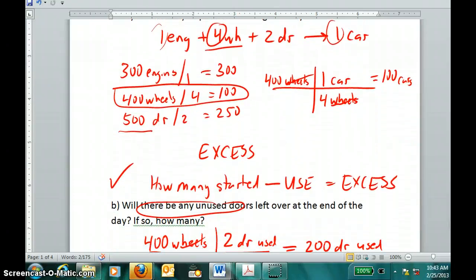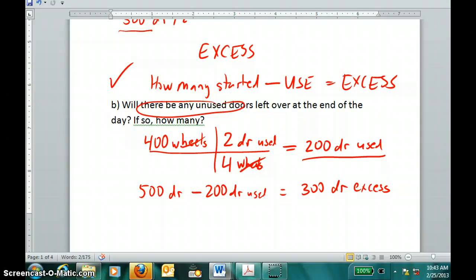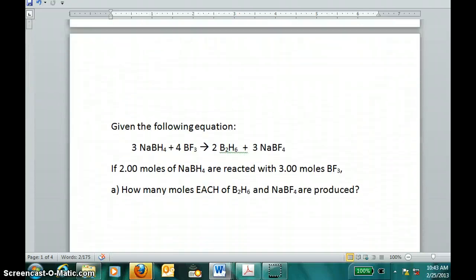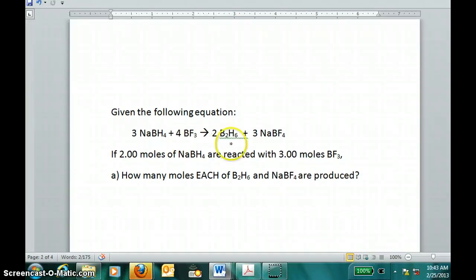So, if we move along to stoichiometry now in chemistry, limiting reagent problems are really the same. You are building products out of reactants, and the coefficients indicate the relative numbers of things you use and what you produce.